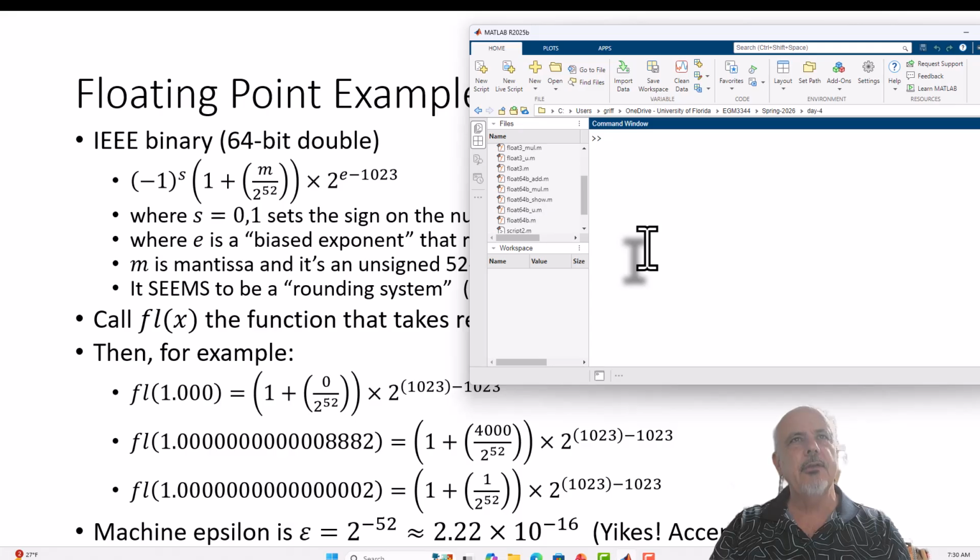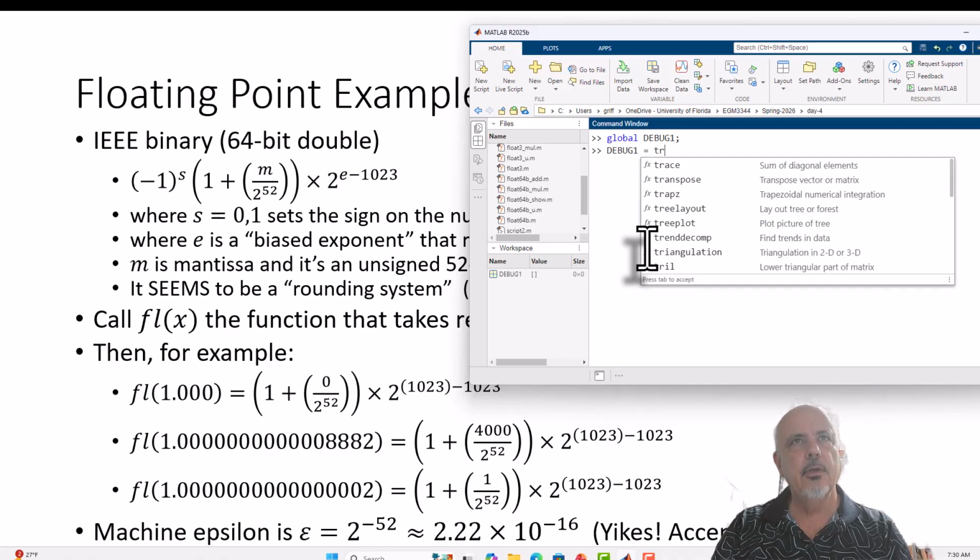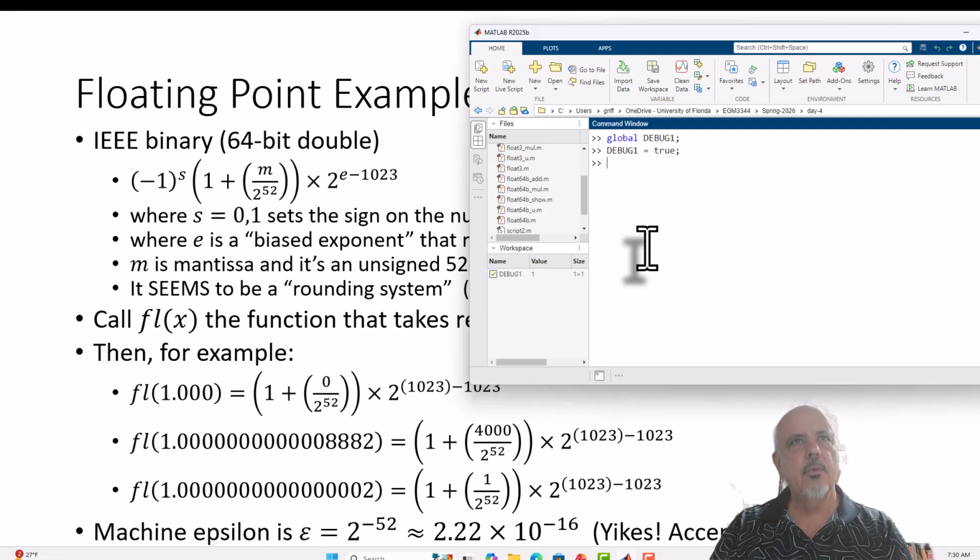I'm going to set global debug 1, so you can see what the individual pieces are and the masking. Okay, so I'm going to go float 64B. Let's do 1, just the value 1.